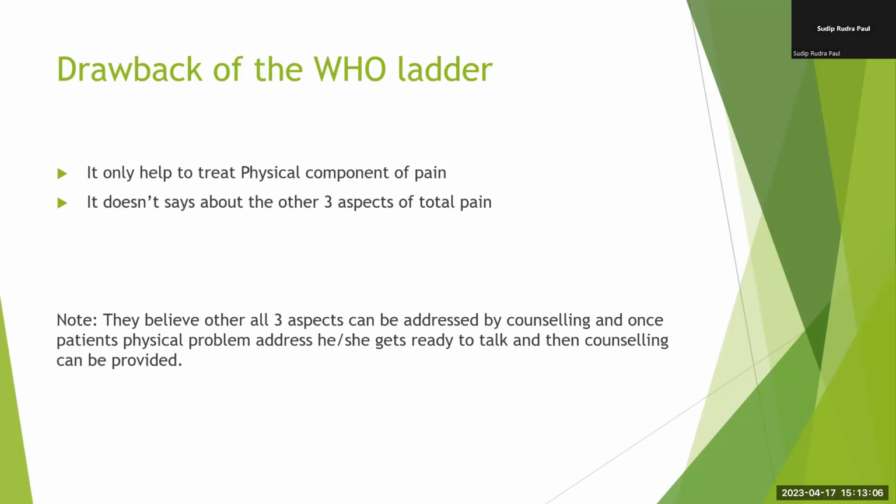But the WHO analgesic ladder gives only medications, so it only talks about physical pain. They are not talking about the other 3 components of pain. This is one of the drawbacks, but they believe that once the patient's physical pain has been addressed, the patient is ready to talk to you, and through counseling we can address the patient's other issues as well.